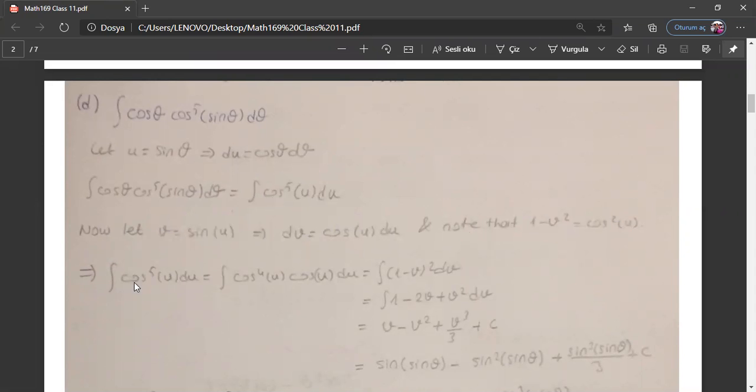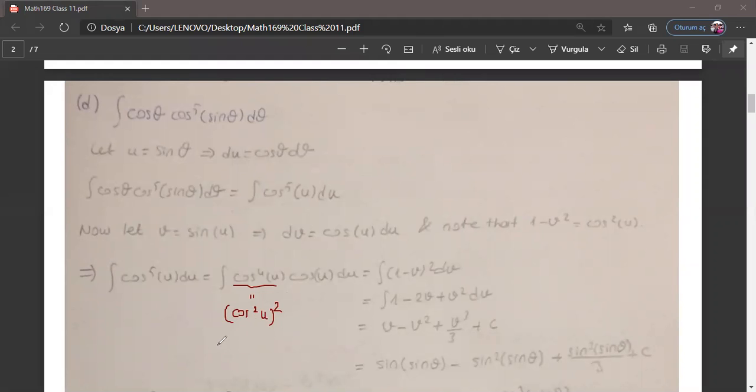So what do we have? We had this integral before. So we rewrite it: cos to the 4 times cos u du, and cos u du is exactly equal to dv. So here we have dv, and cos to the 4 is cos squared u squared, right?